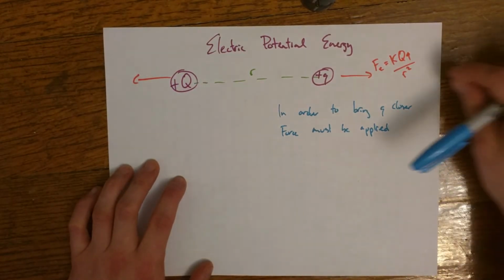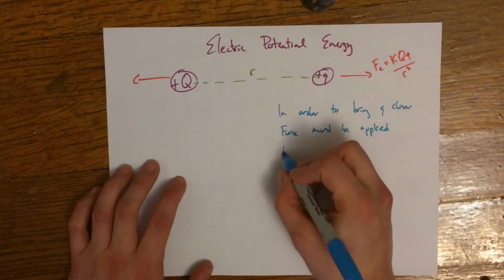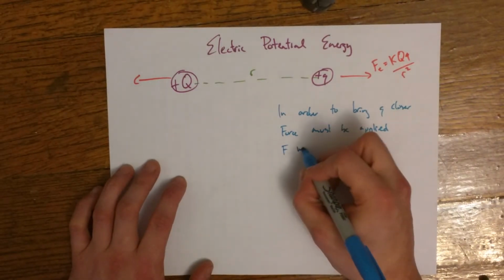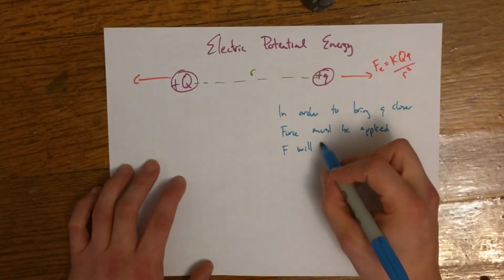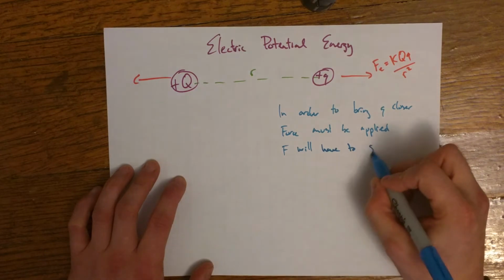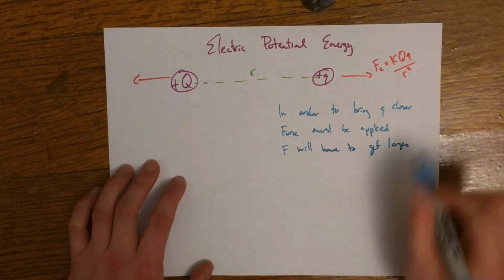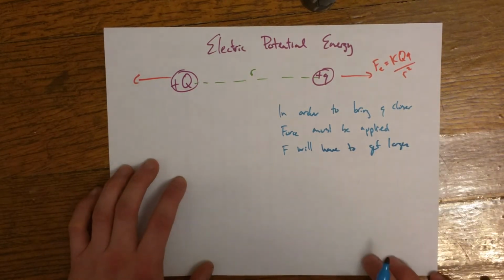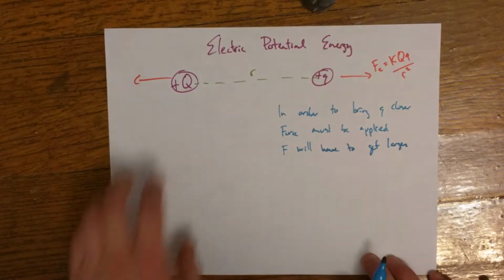And notice that as we bring this charge closer, this force F will have to get larger, because the electric force is getting larger on the particle as it gets closer to this positive Q.